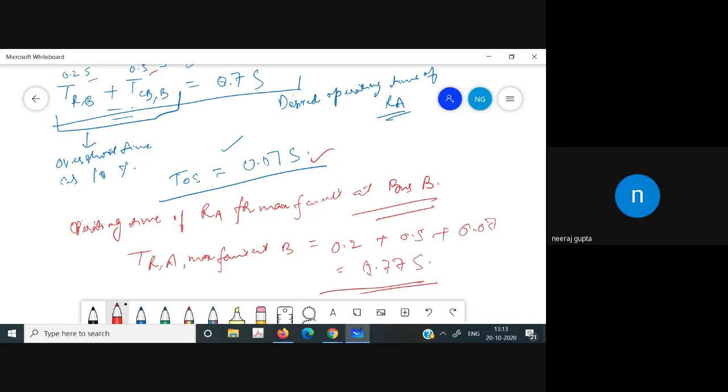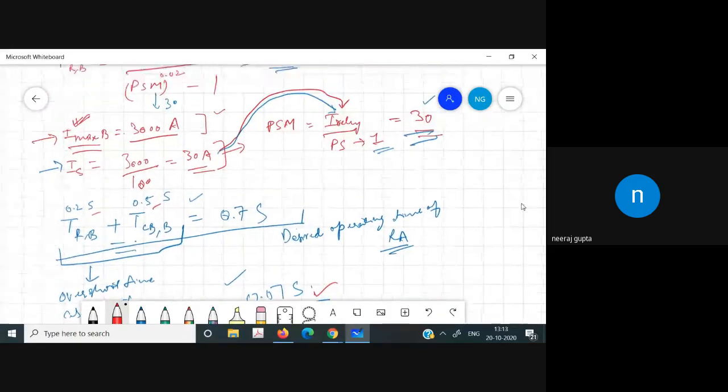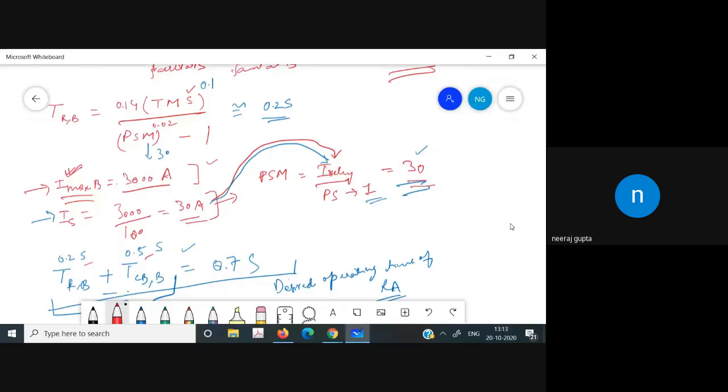Now, in this, we have calculated the TMS, the time multiplier setting, of B and the plug setting multiplier of B. Now, to complete all the specifications, we have calculated the operating time of A. It is the operating time of B, but we have calculated the operating time of A. And we want to know the TMS and PSM of A, because the setting is complete when we have the CT ratio, the plug setting, and the time multiplier setting.